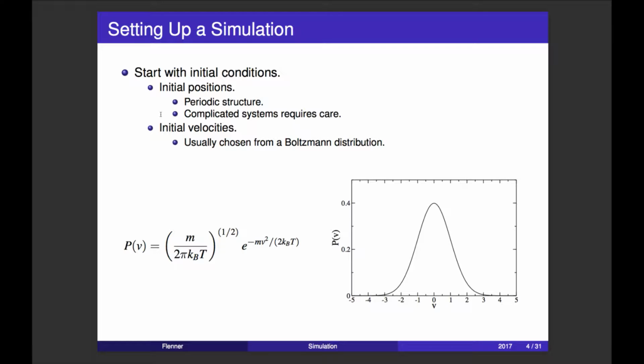So this is not just throwing a bunch of benzene rings into some sort of simulation container and running a simulation. We need to first create a bunch of benzene rings at the proper initial conditions.